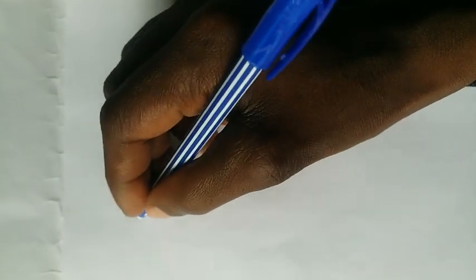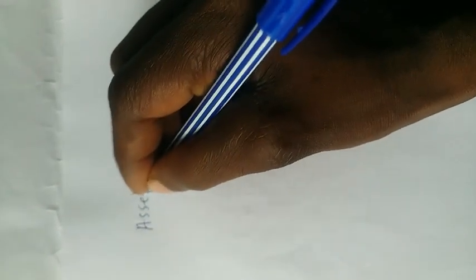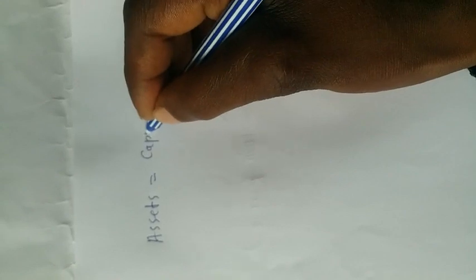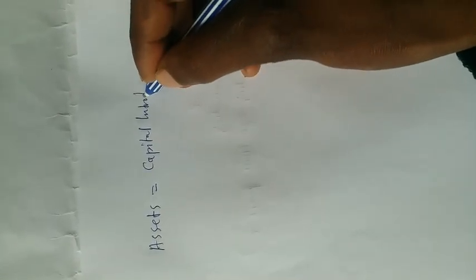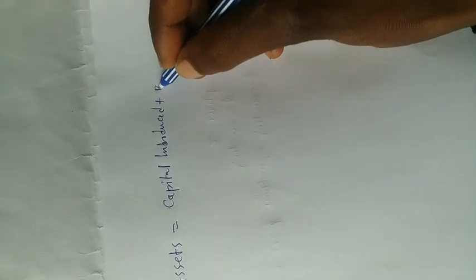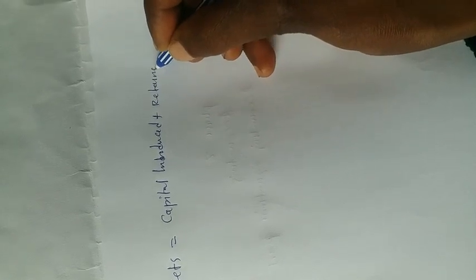Okay, so the equation we are working with today is saying assets equals capital introduced plus retained profits.